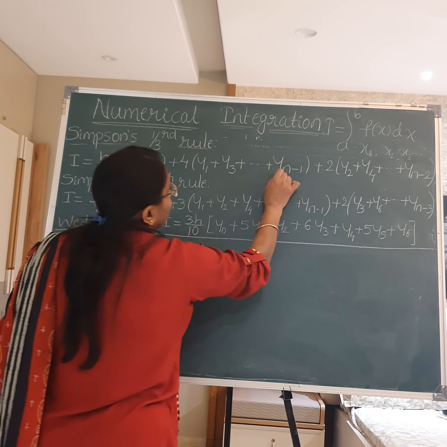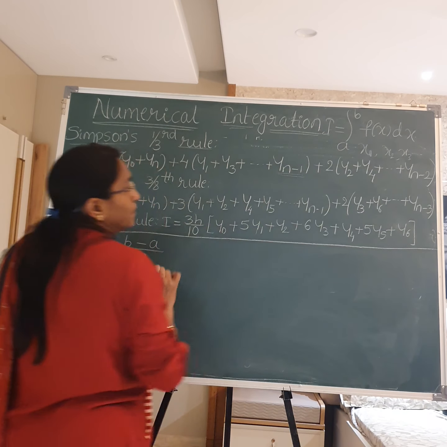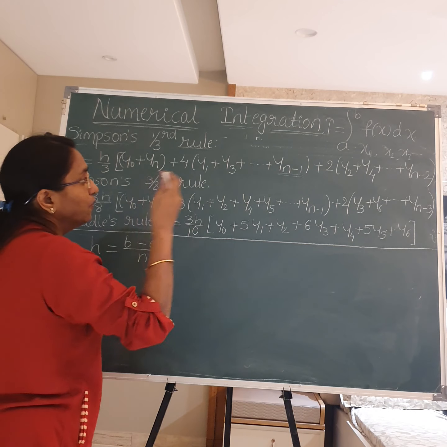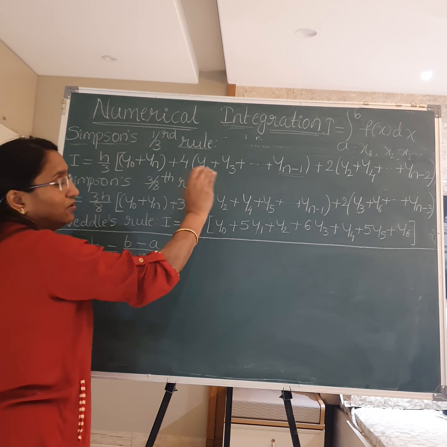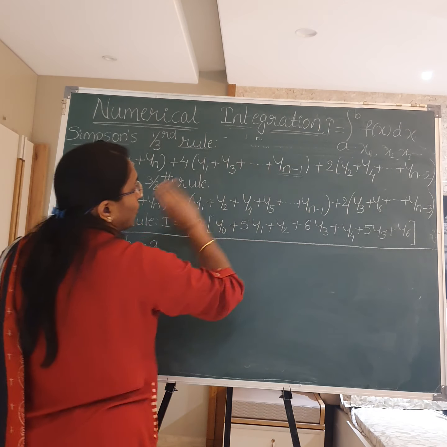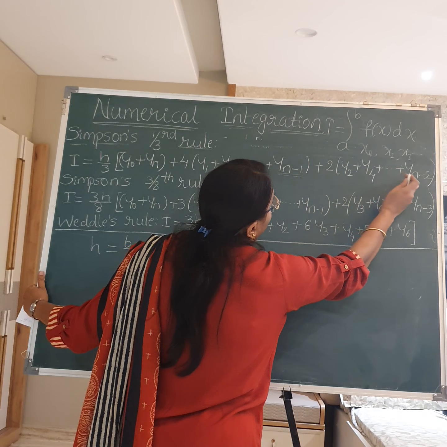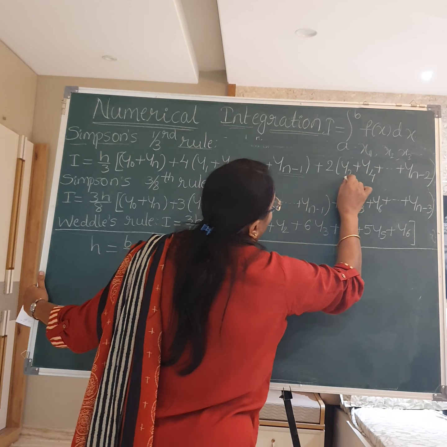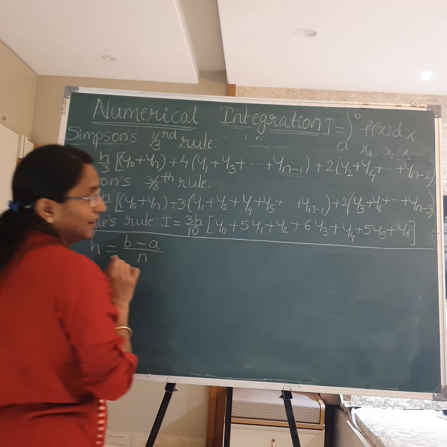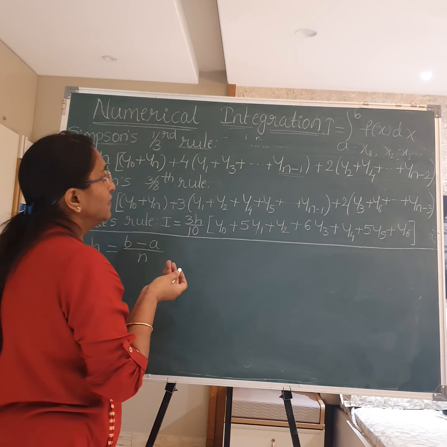The last term is also important, up to what value of y you have to consider. Plus 2 into y2, y4, up to yn minus 2. Only multiples of 2 are there. In this way you have to remember the formula.